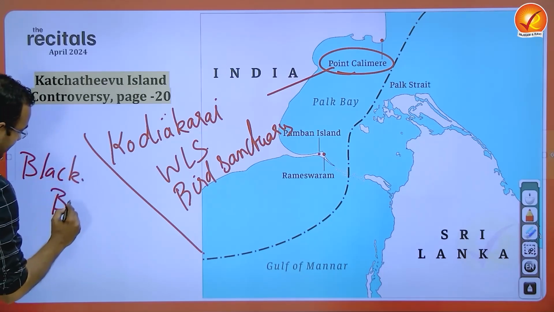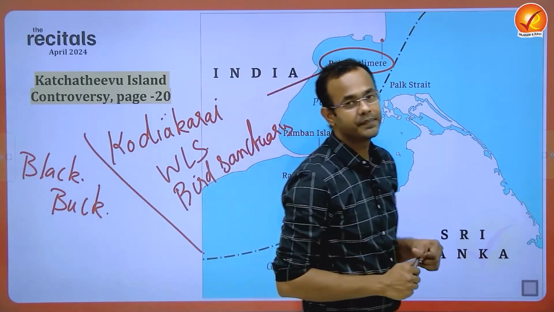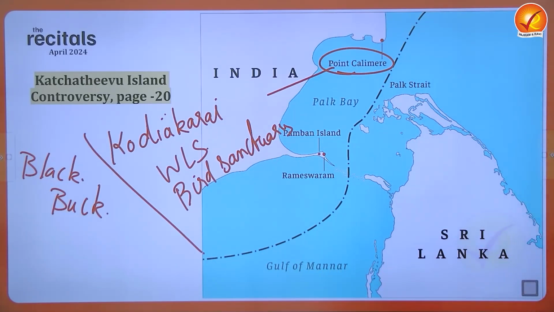The important animal available in the region is the blackbuck. Blackbuck is the most important animal present in the Point Calimere wildlife sanctuary, right?